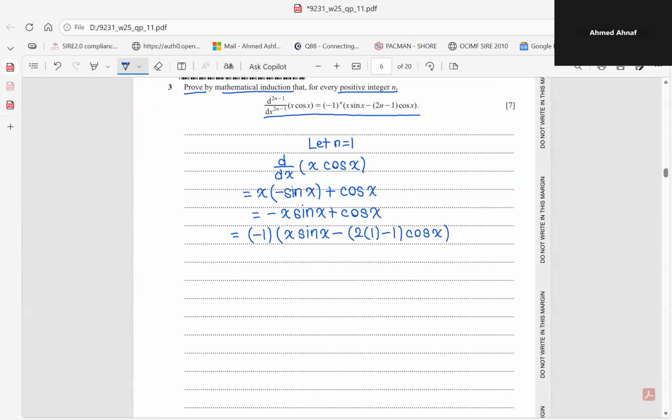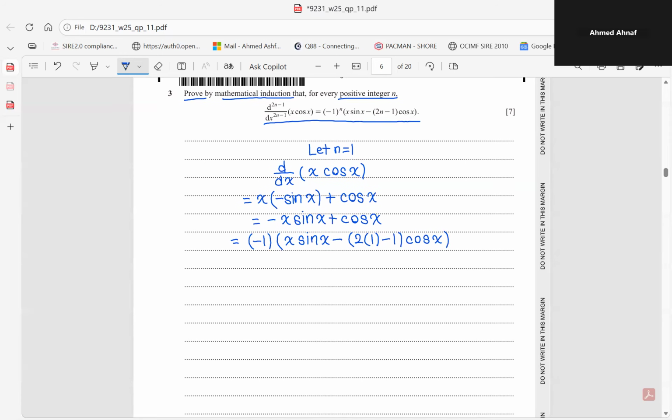Okay, yeah, so you can see that both the left and right hand sides, they're the same. So therefore, the case for n equals 1 is true. Yeah, so that's the first step.